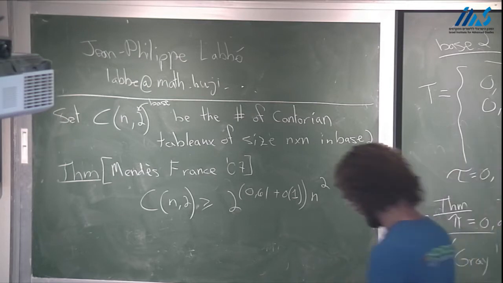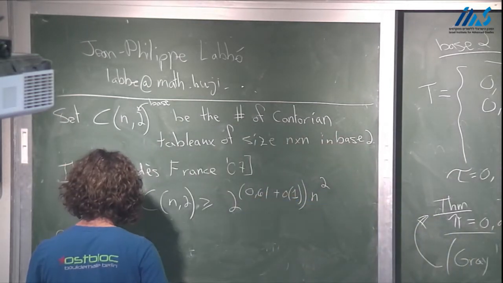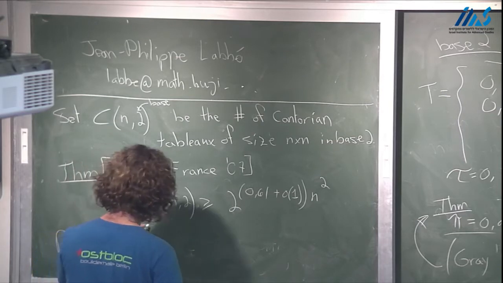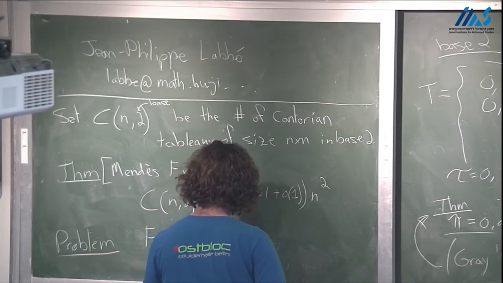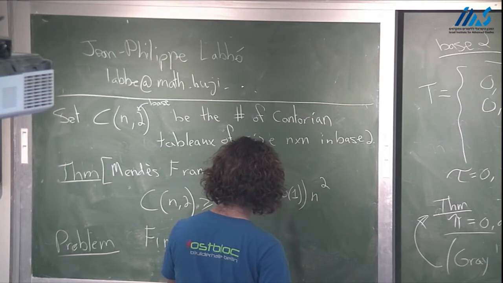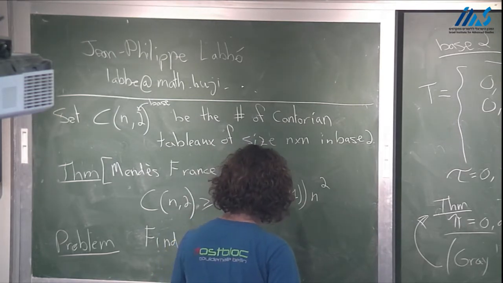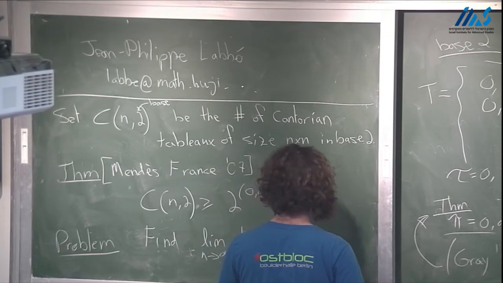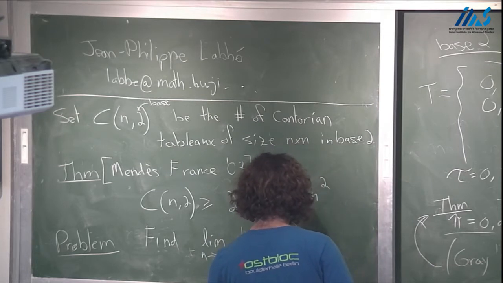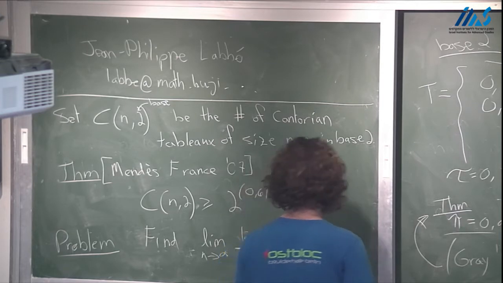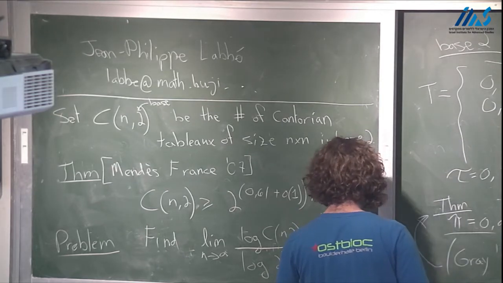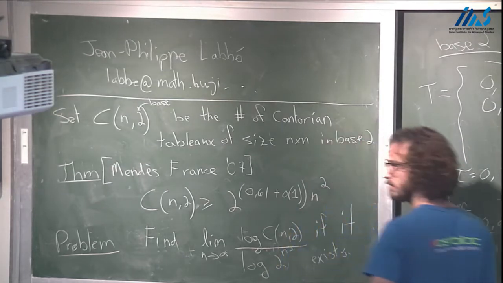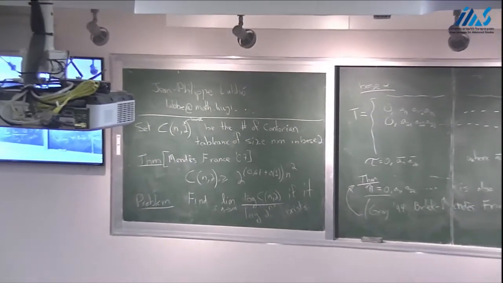Problem: find the following limit when n tends to infinity of the following ratio, log of Cn2 over the log of 2 to the n squared, if it exists. That's it. So it's not known, apparently. So up to you.